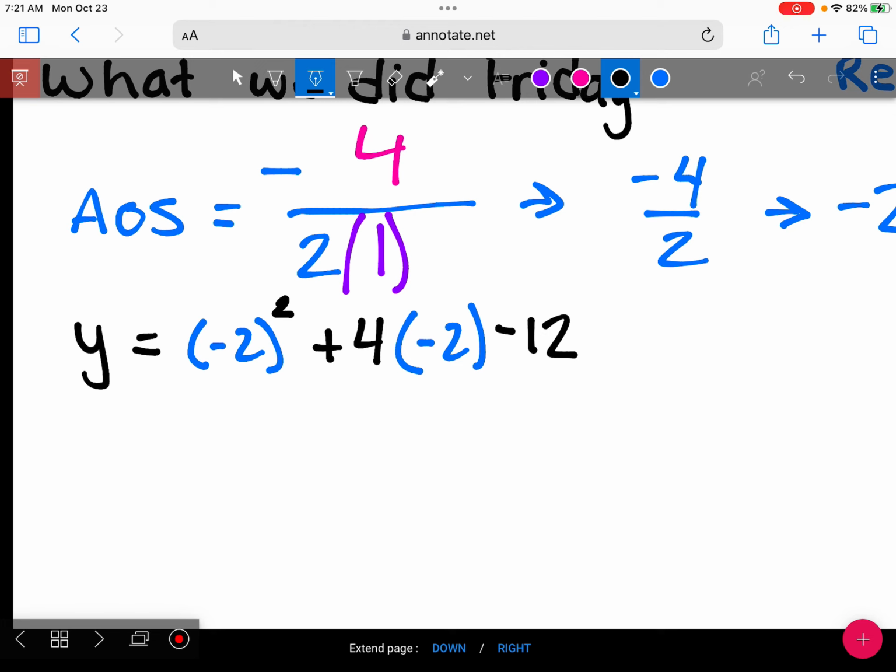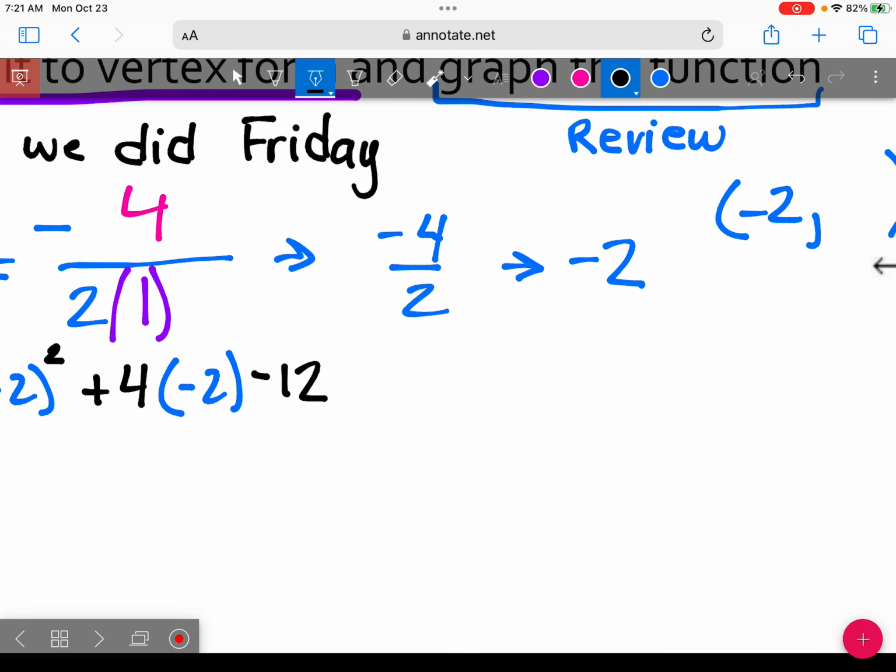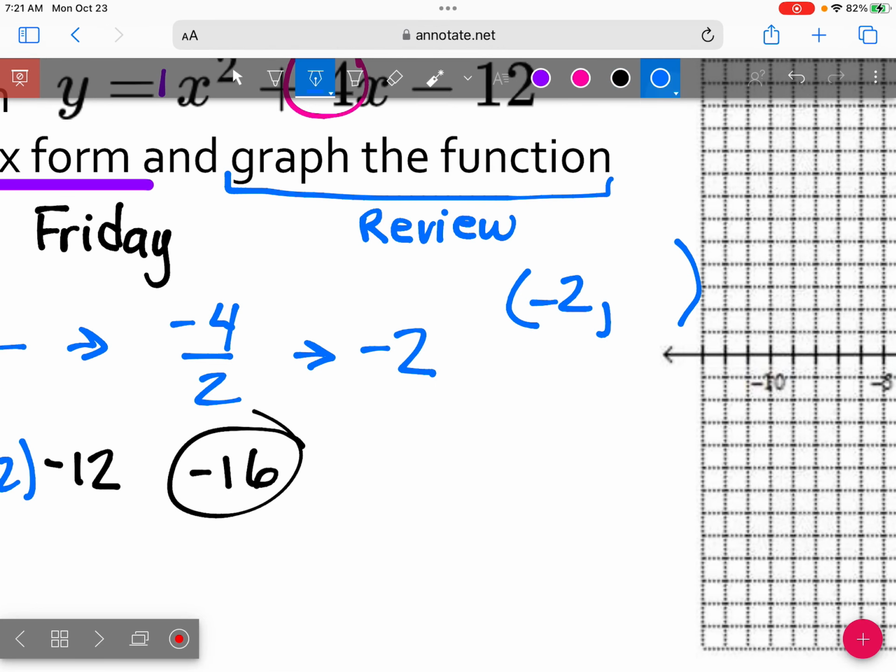And we can use our calculators for that to get our negative 2 squared being 4, minus 8, minus 12, should give us negative 16, I believe. So our vertex is the point negative 2, negative 16. Yep.